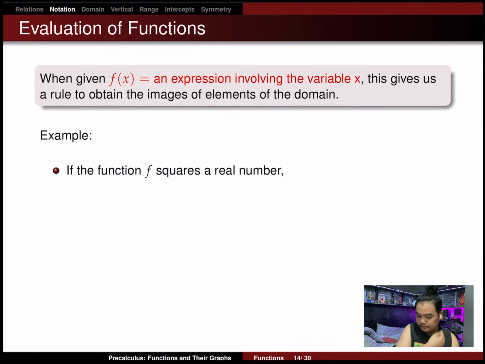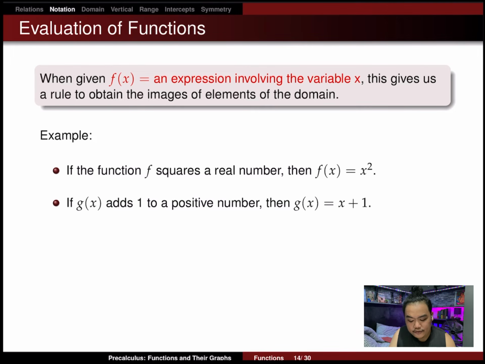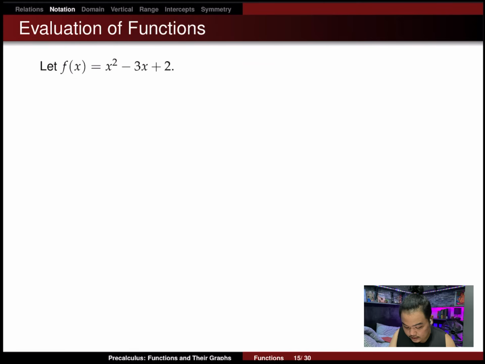So, let's say, if the function f squares a real number, ang ginagawa niya dun sa x mo, ini-square niya. That's why you have this function. So, these are just examples. If g of x adds 1 to a positive number, then g of x is x plus 1. So, huwag na tayong mag-dwell masyado dyan. Punta na tayo dun sa evaluation of functions.